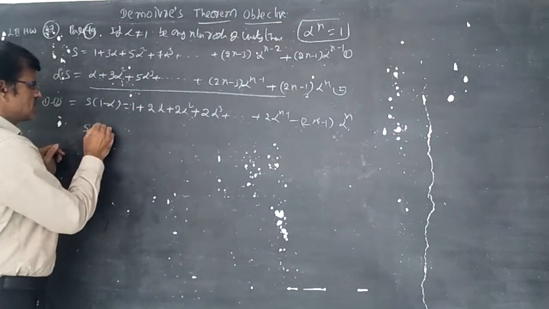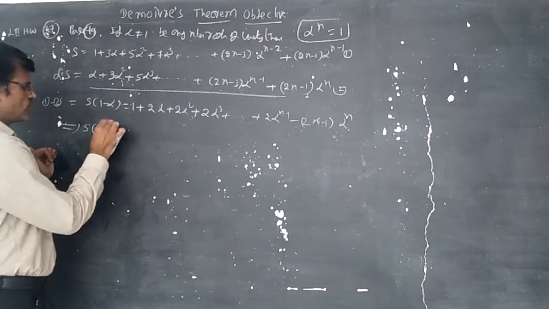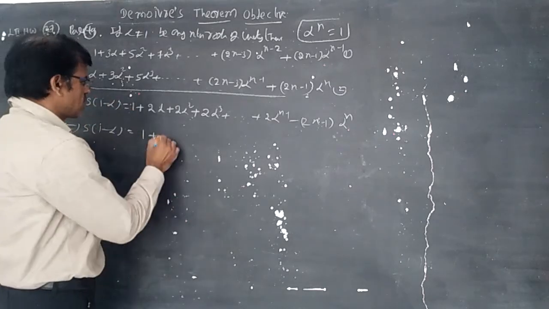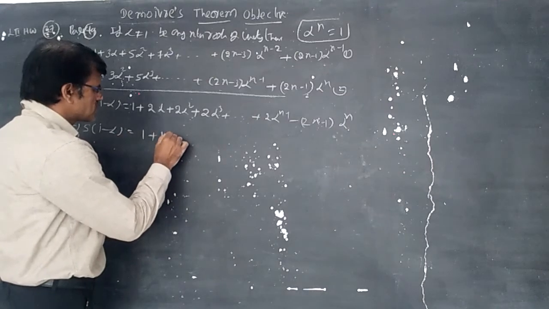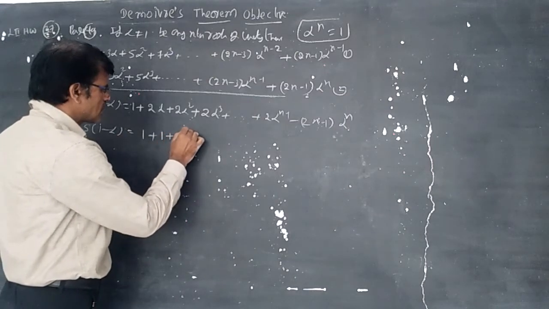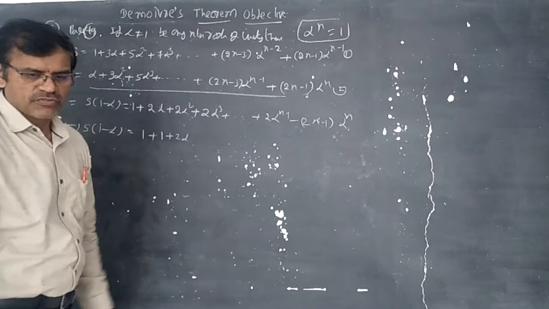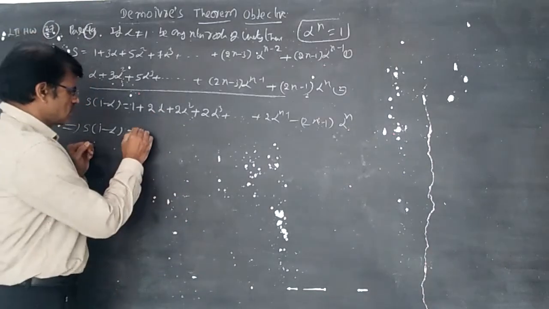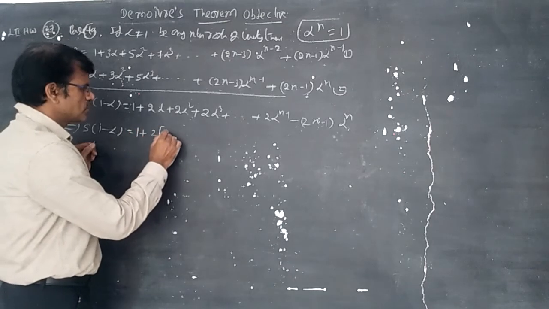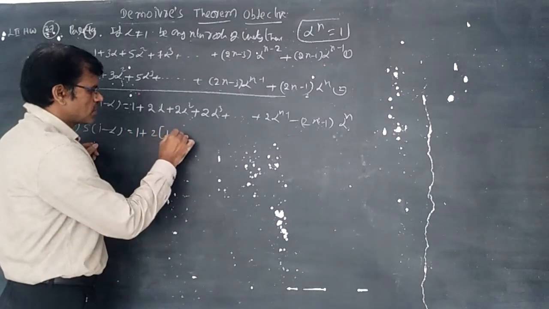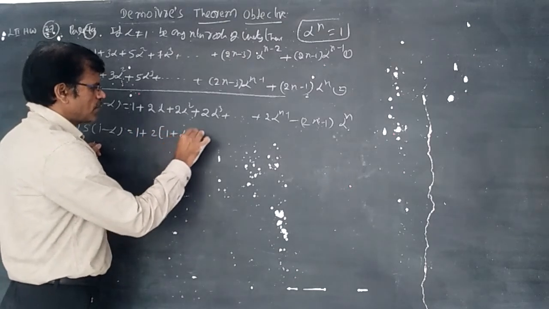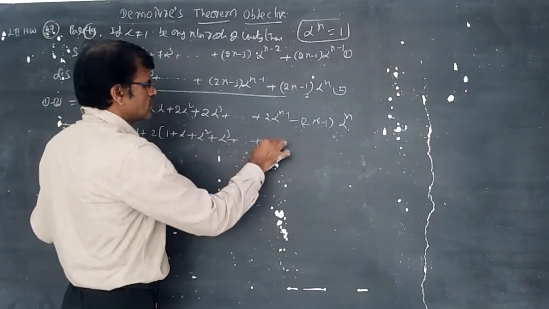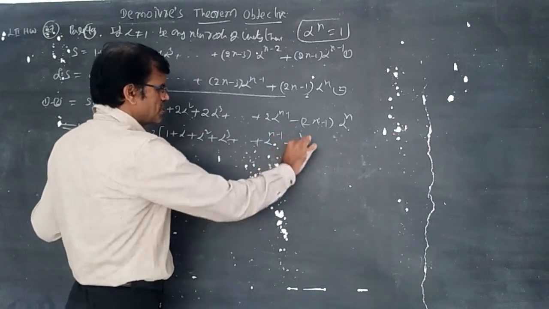That implies s into 1 minus alpha is equal to, better to write here add and subtract 1. So 1 plus 2, taking 2 common, it is better. After taking 2 as a common, you can write here 2 into alpha plus alpha square plus alpha cube. Here only I am adding and subtracting 1 plus alpha square plus alpha cube plus so on alpha power n minus 1, minus 1.